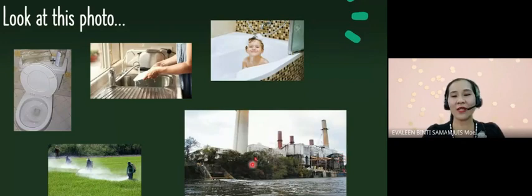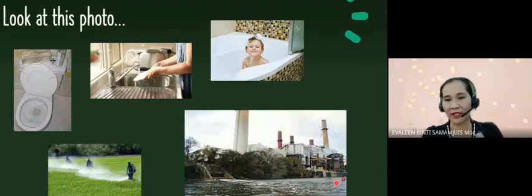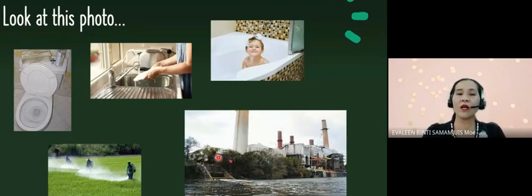And the last photo looks like a factory. You can see there is a tube going to the river. So what do you think about all these waste if they are not treated properly?